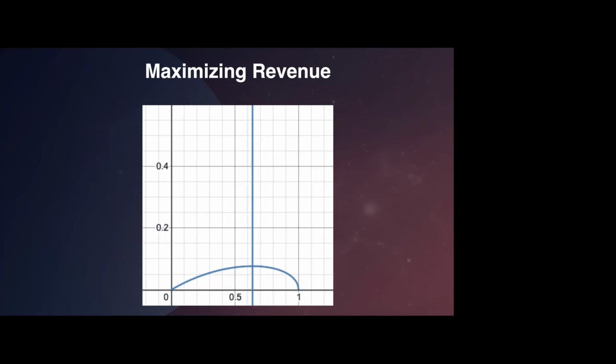So as time increases, that graph is getting higher, which means that we're bringing in more revenue. But also, as your utility is increasing, the price that would maximize your revenue is also increasing. And that's represented by the vertical line that's intersecting the curve at its highest point.